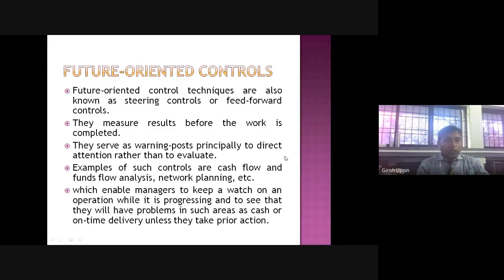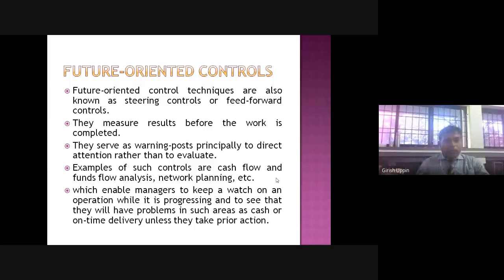So it is used to direct the attention in the midst, to put things in the right direction, to steer things in the right direction, so it will be completed. Examples are cash flow for any organization. Let us say there is a check on the cash flow.